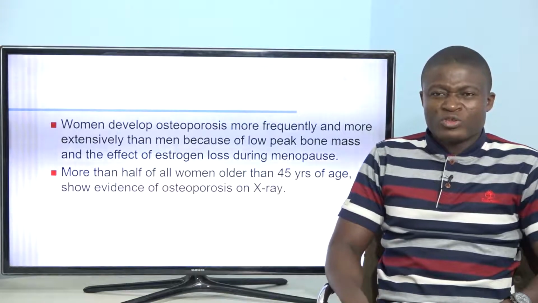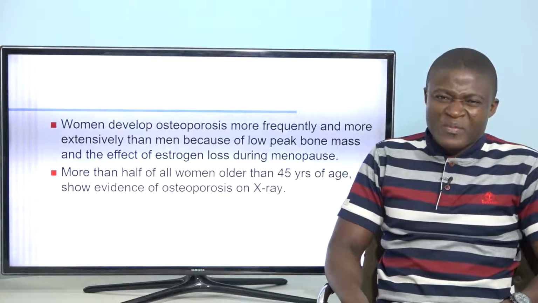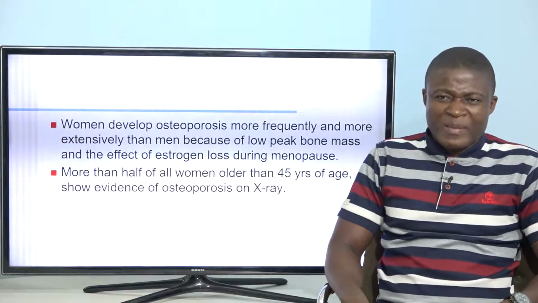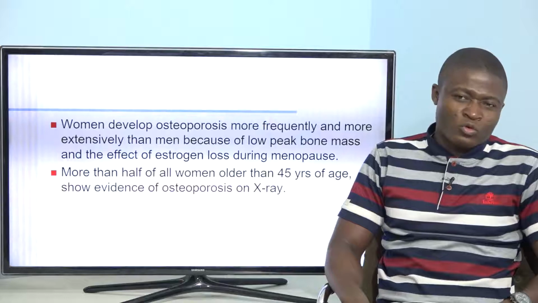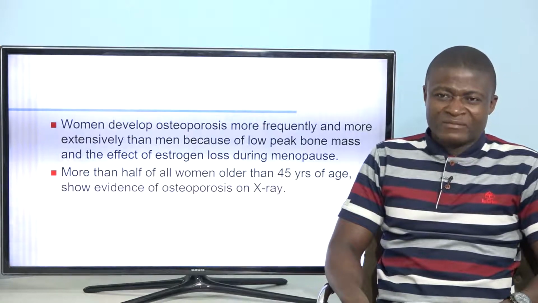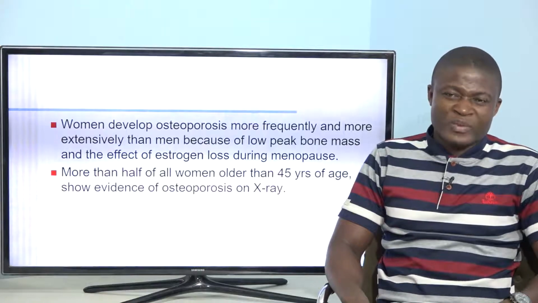Women develop osteoporosis more frequently and more extensively than men because of, one, low peak bone mass and, two, the effect of estrogen loss during menopause. So apart from the fact that they lose their estrogen that was helping in building their bone, generally from the beginning their bone was already not big enough compared to that of men. They were having much thinner bones compared to men.